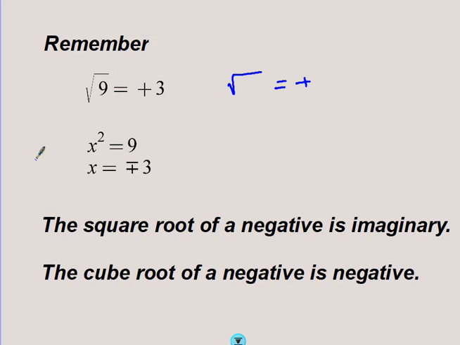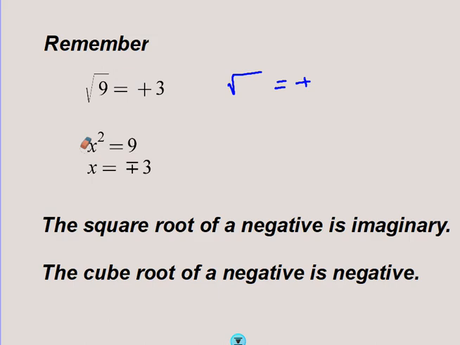That's why it is absolutely not acceptable to do this. It's confusing, it's not neat. You can do this in your head. Just keep it in your mind that when you take the square root of both sides, remember to write the positive and the negative answers.